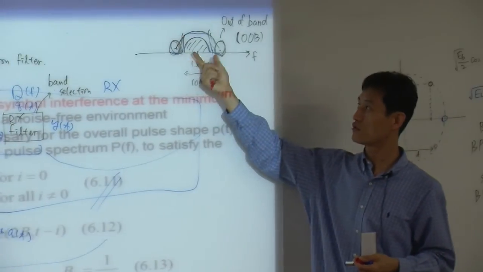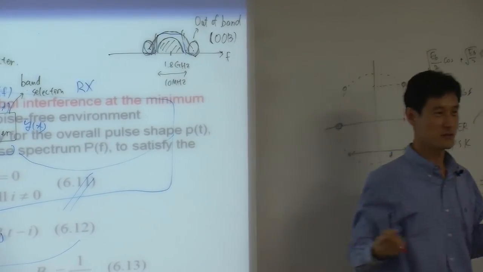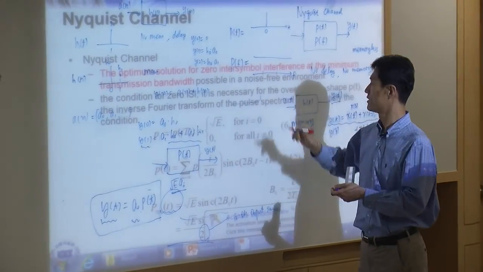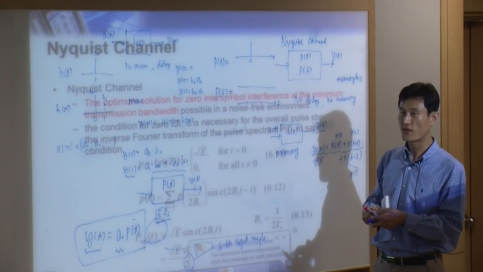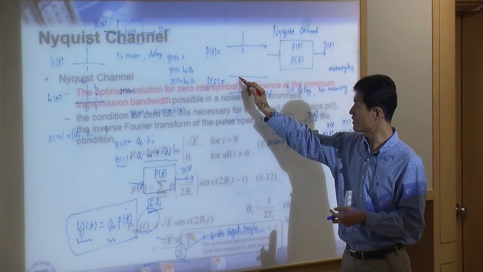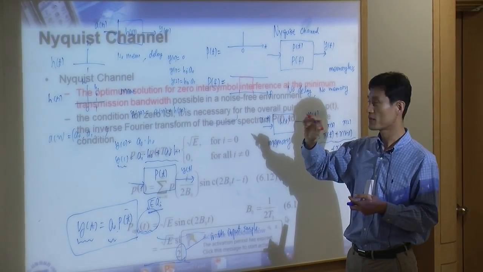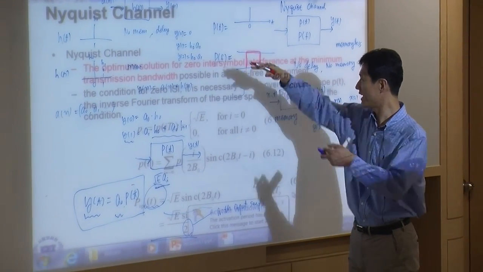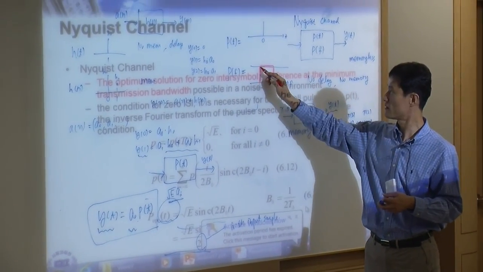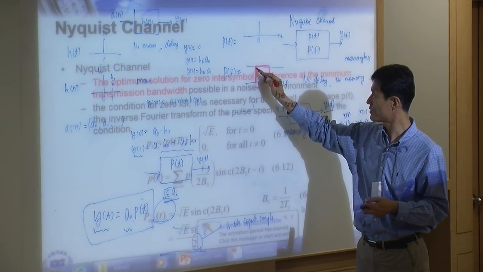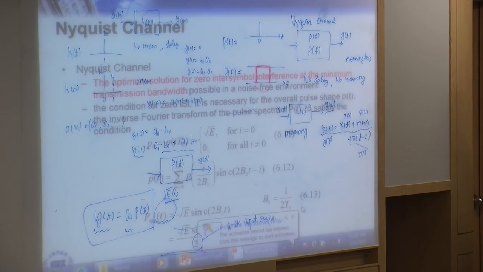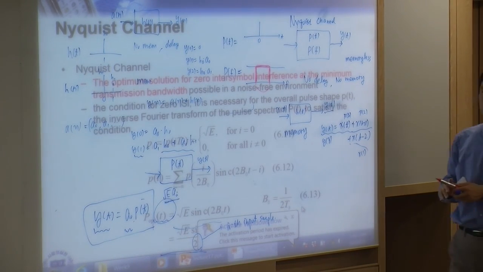You're supposed to use only your bandwidth. So it's okay to make it flat, but only within your bandwidth. So your frequency response should be like this, not flat, flat only within your bandwidth, like this. That's what you need to do.